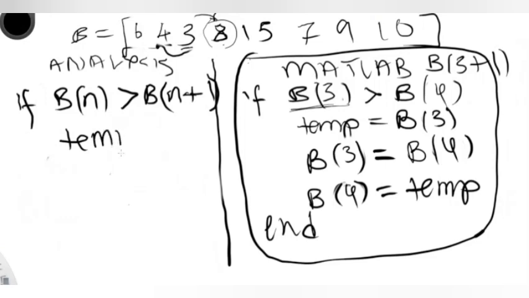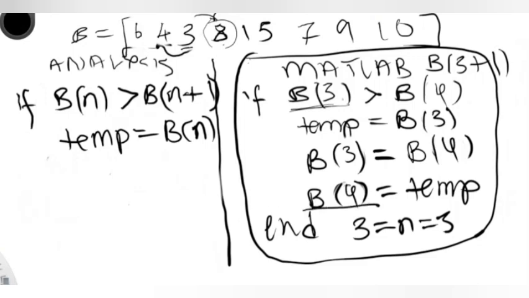Temp will be equal to bn. Since we've said that n is equal to 3, we have this. And this b4 is equal to b3 plus 1.